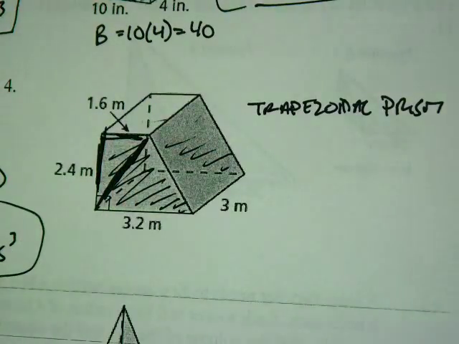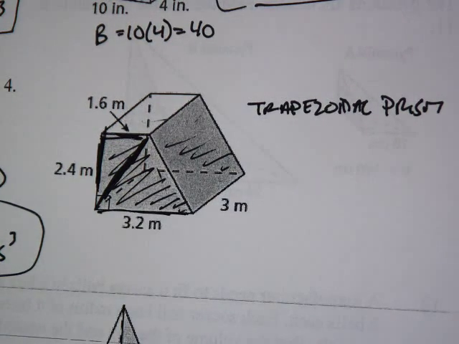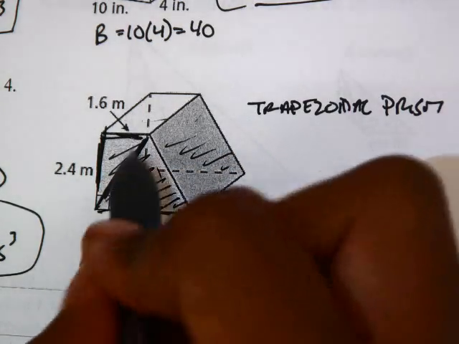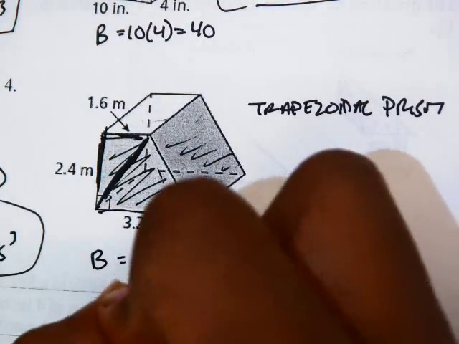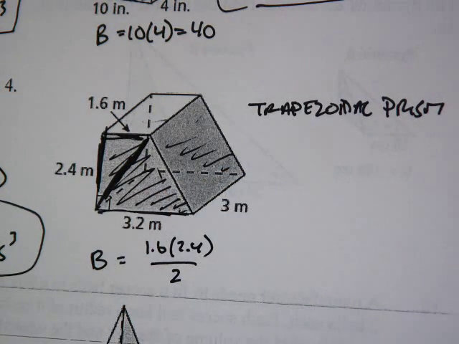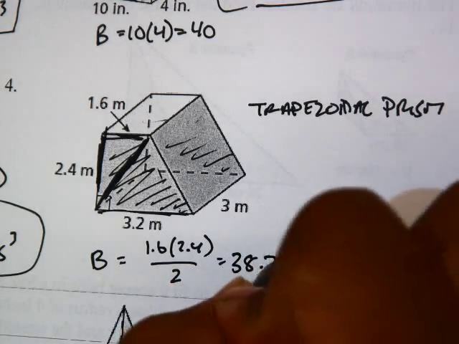That's triangle 1 on the top and triangle 2 on the bottom. So we need to find capital B, takes us a little work. So we need to do the 1.6 times 2.4 divided by 2. And that gives us 38.72.